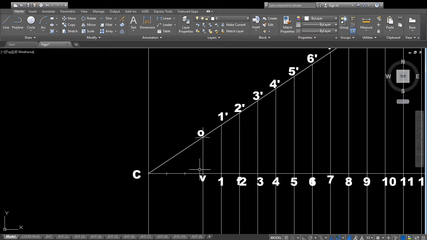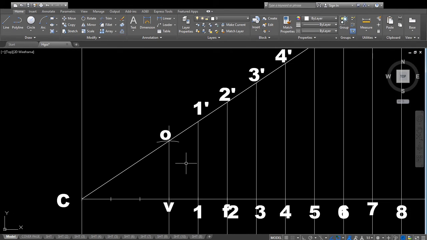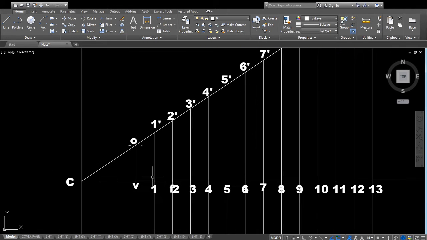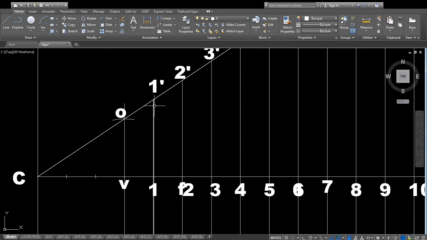Now at every point, after establishing this, you come to 1, 1 prime, you open your compass from 1 to 1 prime, you come to F, which is the focus, you strike an arc above and below.